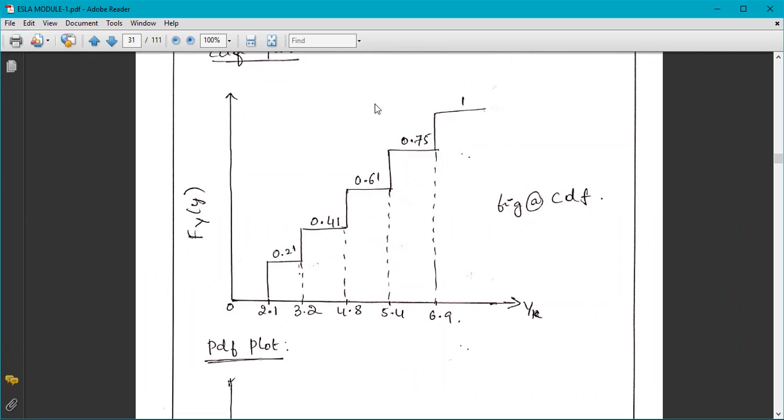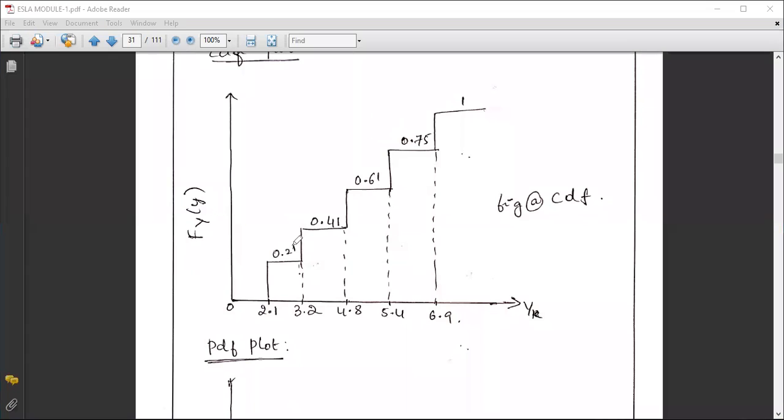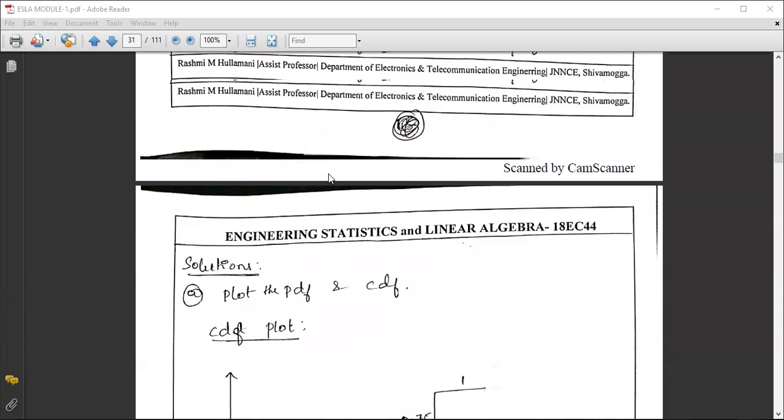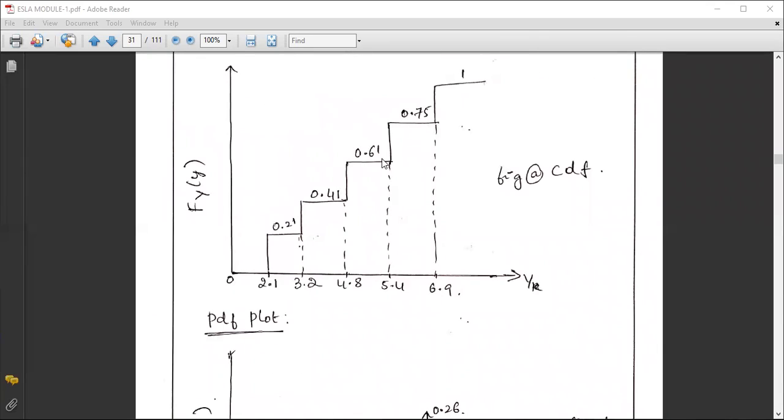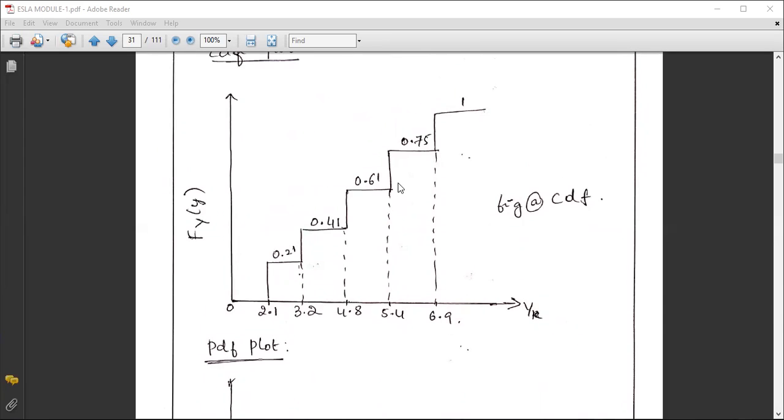Here this is 0.20, this is 0. From 3.2 we are plotting 0.20 plus 0.21, which gives 0.41. For 4.8 we are plotting 0.19, and 0.41 plus 0.19 gives 0.60.